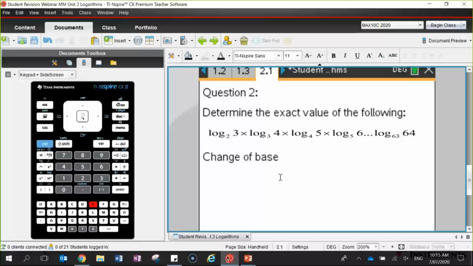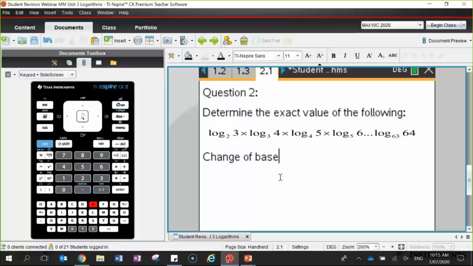So anybody trying to work with logs on a scientific calculator must have their logs in base 10 or base e. We've got the added ability with the graphics calculator of using any base we like. But to solve this question, you actually need to use this change of base law.